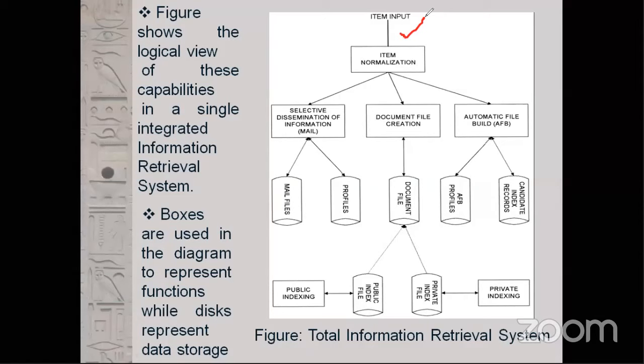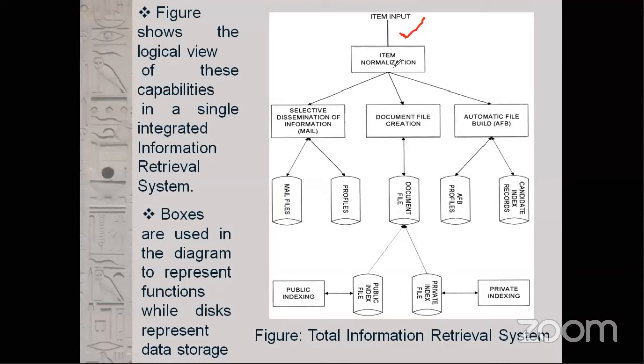Anything may be considered an item. We have to give these items as input, and then these items are normalized. That is item normalization, the first functional process of my IRS system.